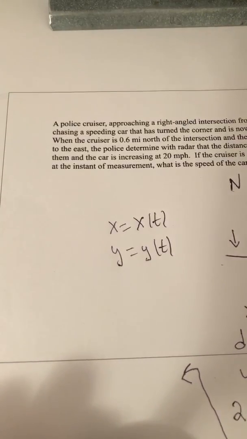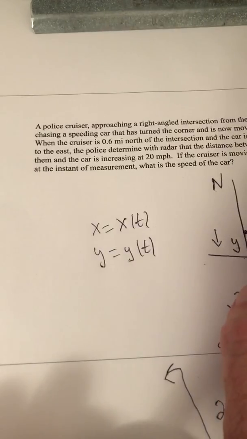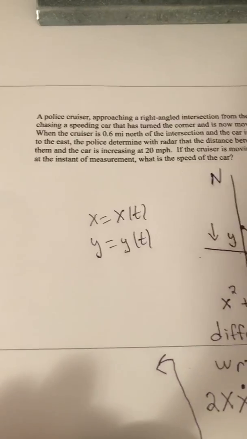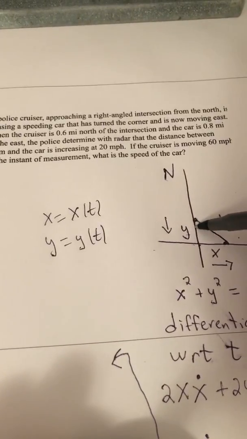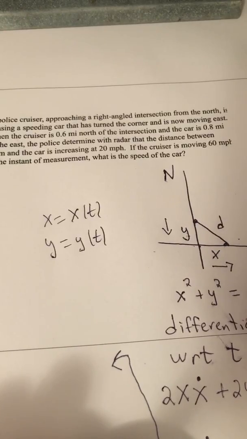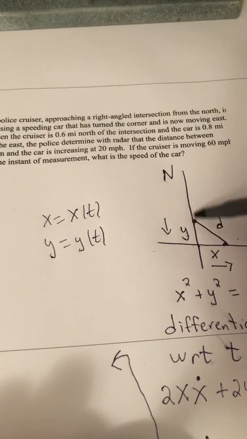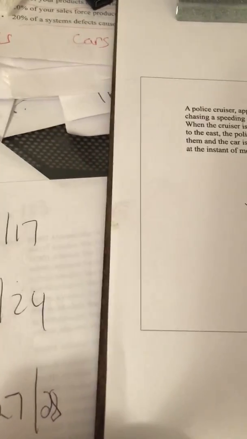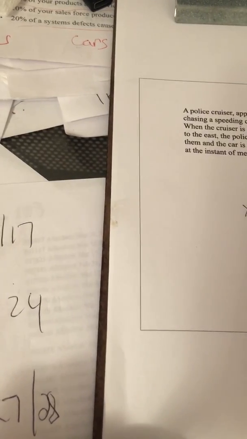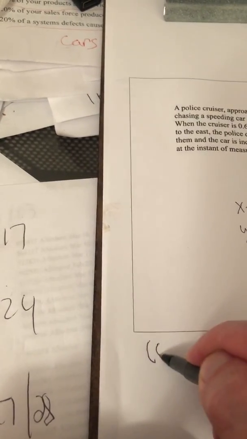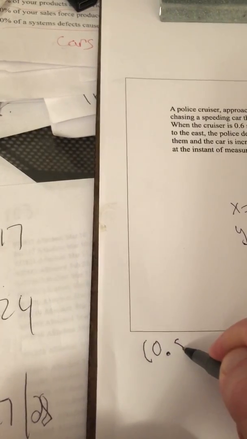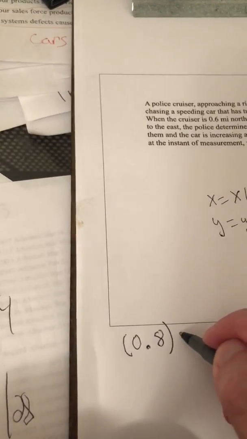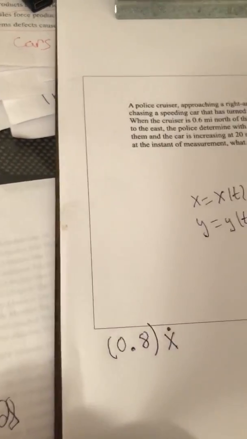And we're told that the police are moving 60 miles per hour, but you have to keep in mind that that's actually in the negative direction, because according to our coordinate system, the police are moving in the negative y direction. Okay? So x at this instant is 0.8. x dot is what we're asked for.